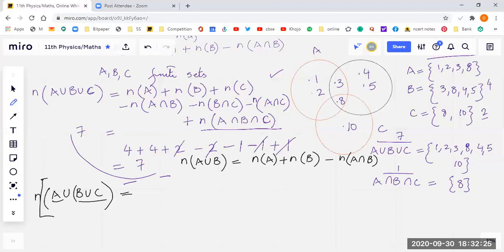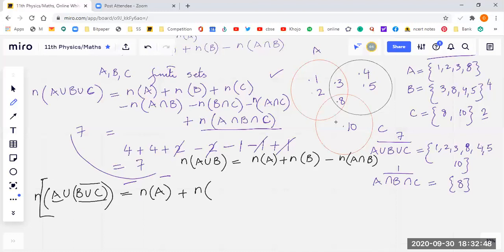Hope you understand. A is the first set and B union C is the second set. So how will I write? Number of elements in A, the first set, plus number of elements in the second set, B union C.